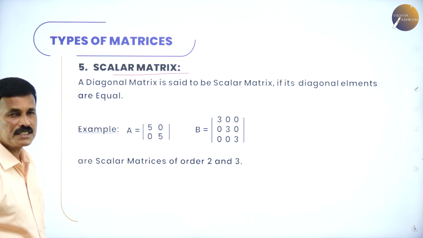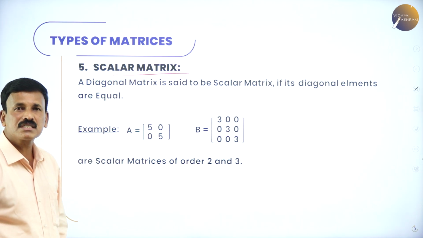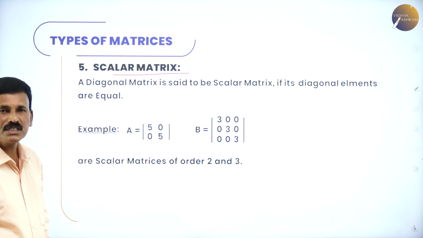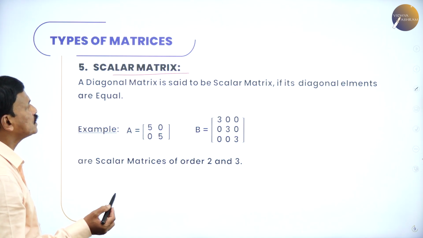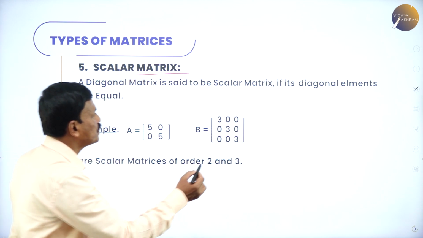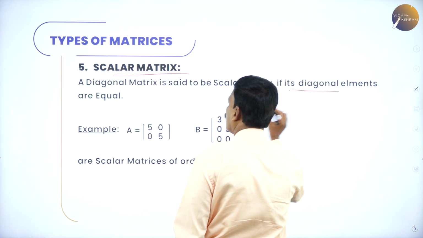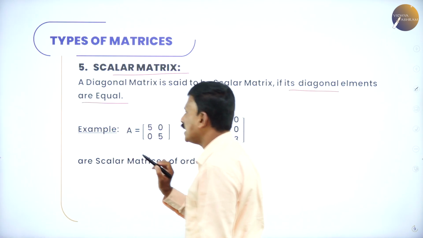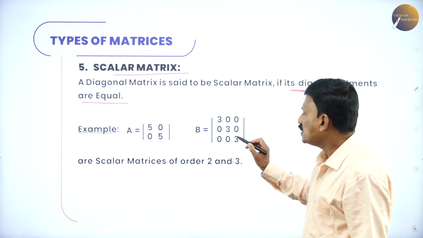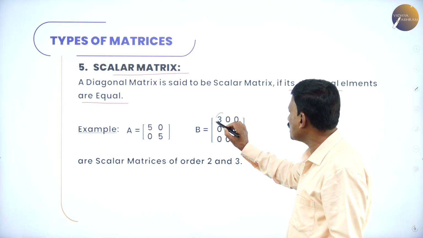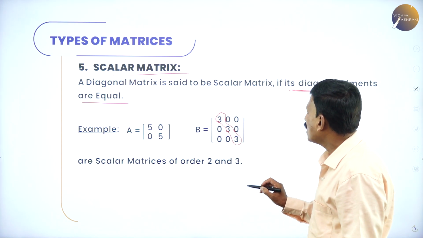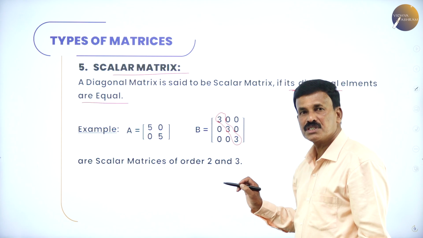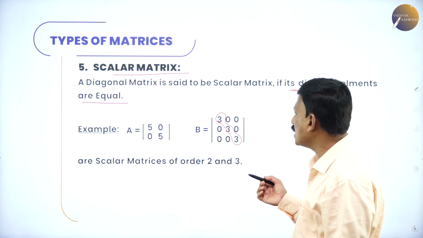This is very important. Sometimes they may ask for a 1 mark definition, define a scalar matrix. A diagonal matrix is said to be a scalar matrix if its diagonal elements are all equal. If all the principal diagonal elements are the same and other elements are zeros, such a matrix is called a scalar matrix.